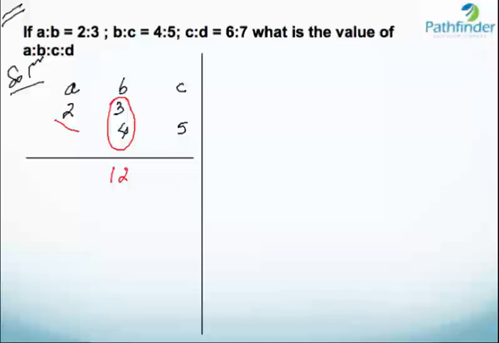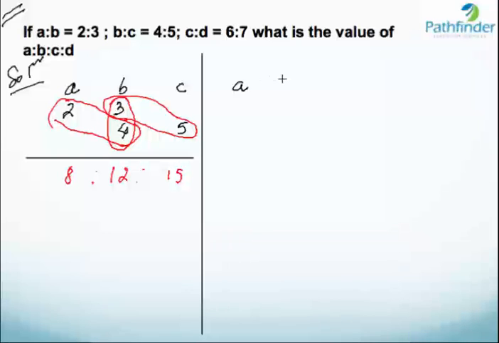To get the ratio of A, we can multiply 2 and 4, we'll get 8. And for B as to C, we can multiply 3 and 5 and we can get the value as 15. So we have got the ratio of A as to B as to C in the first step.